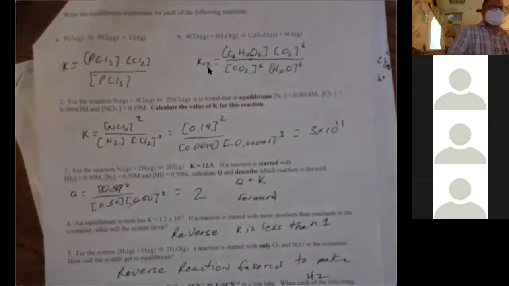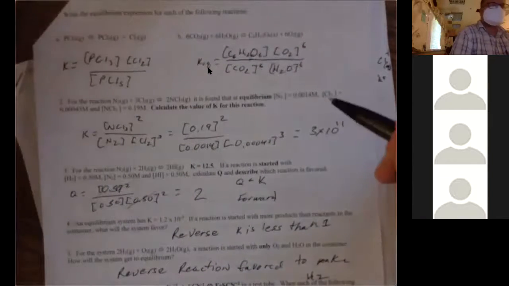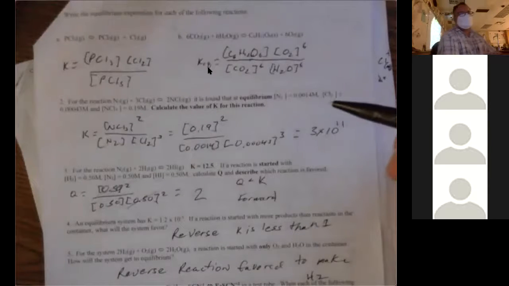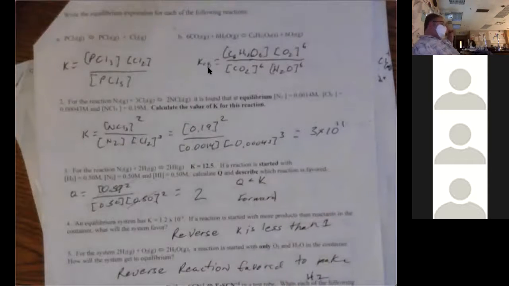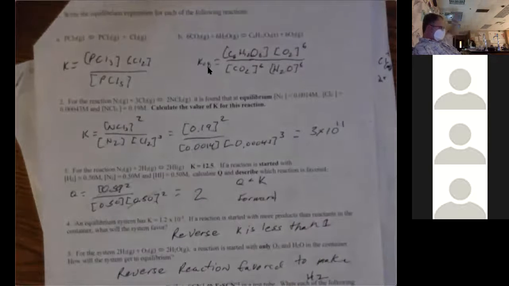So if it's endothermic, heat is being brought in. So we add heat onto the reactant side. And delta H is positive because it's being brought into the system. If it's exothermic, we put heat on the product side, and delta H is negative.